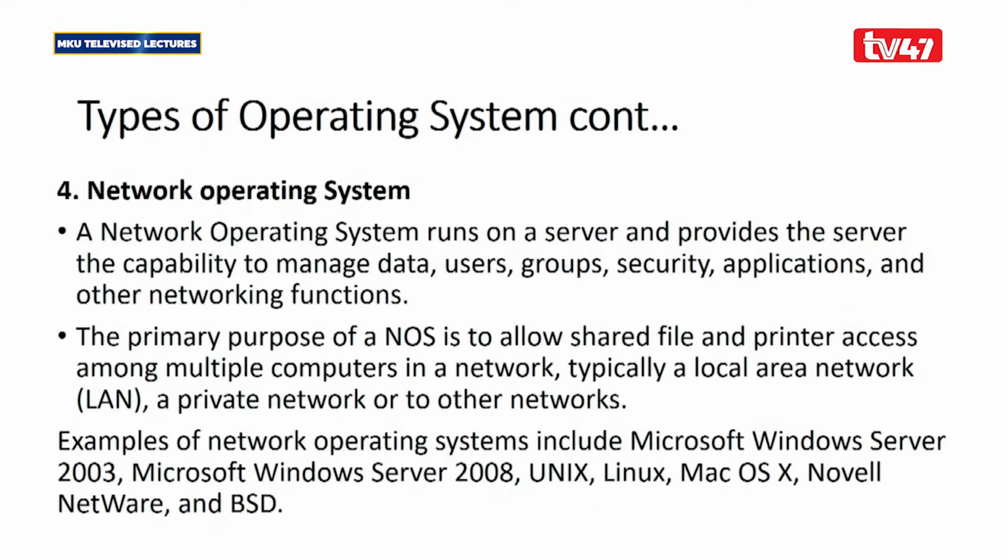The next type of operating system is the network operating system. The network operating system runs on a server, and it provides the server capability to manage data, users, groups, security, applications, and other networking functions. The primary purpose of a network operating system is to allow sharing of files and peripheral device access like printers.